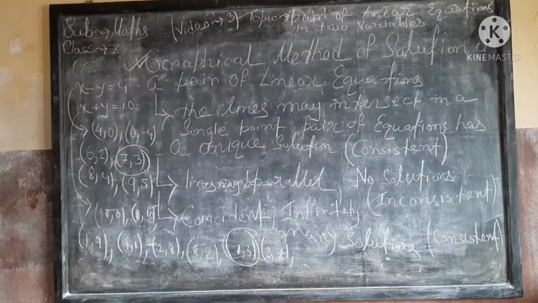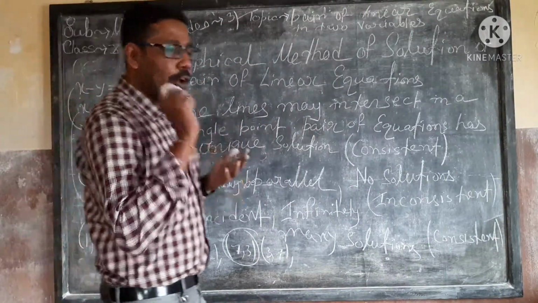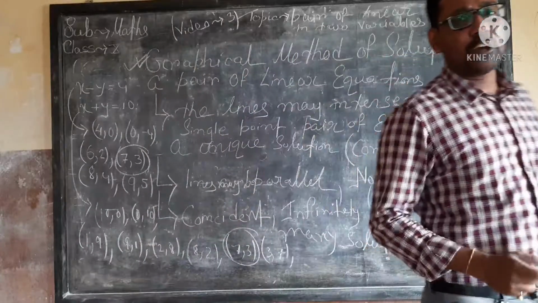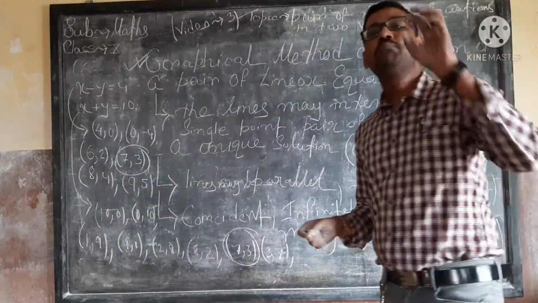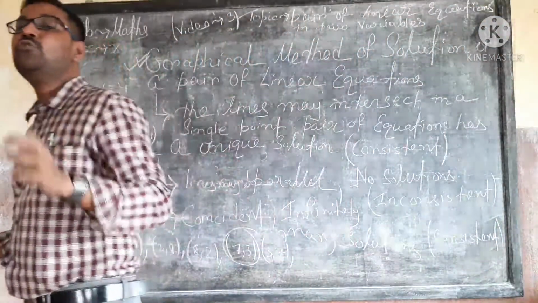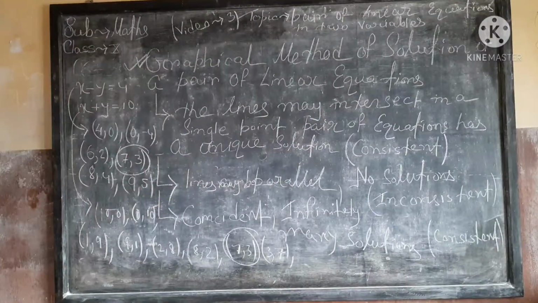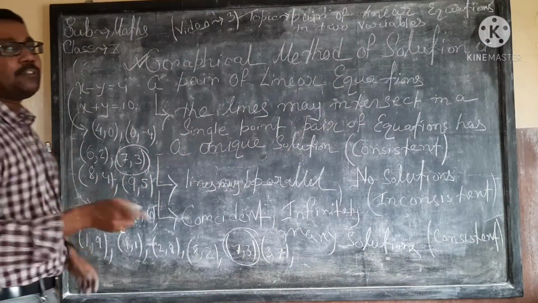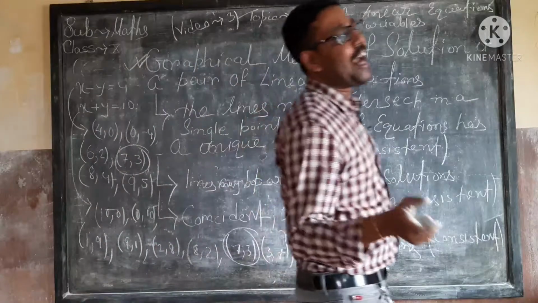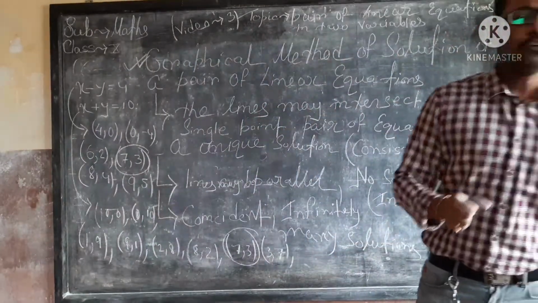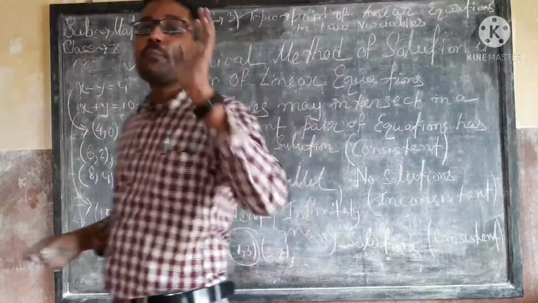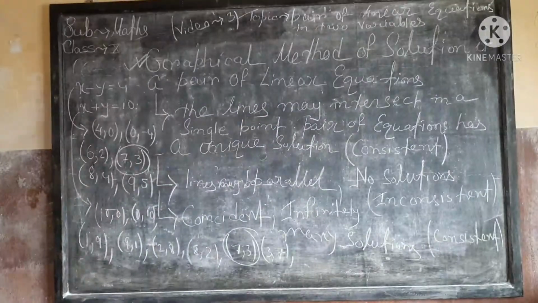So when you find the solution for any pair of linear equations, we consider the common point or common value which satisfies both the linear equations. Then we call that value the solution for this pair of linear equations.